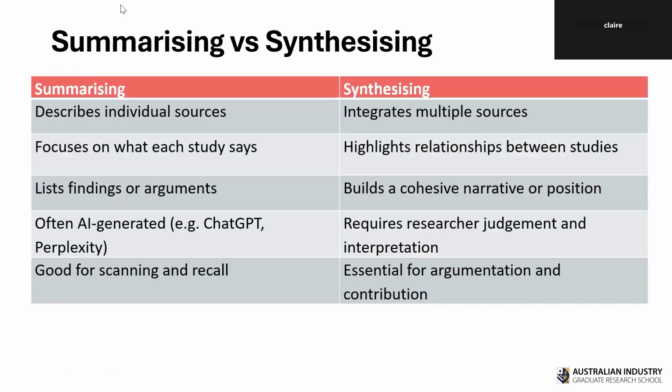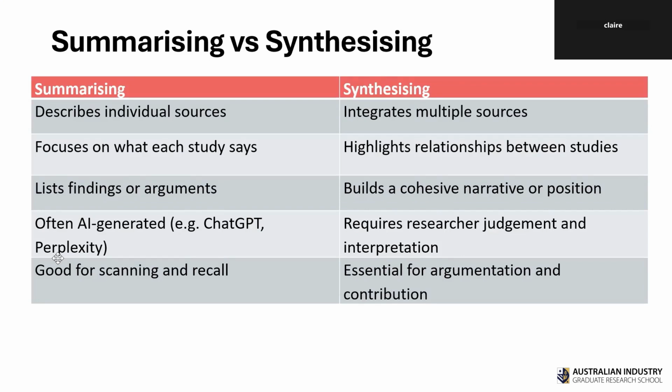So when we're talking about summarizing versus synthesizing with our literature, with summarizing we're talking about individual sources. With synthesizing, we're integrating sources. Summarizing focuses on what the study says; synthesizing focuses on the relationship. So we need to be really clear about the differences between summarizing and synthesizing.